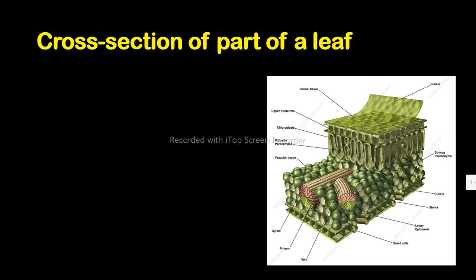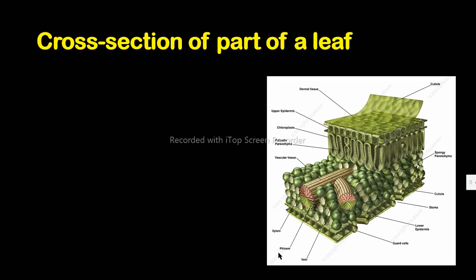So you need to know the basic internal structure of a leaf. And like I told you, I like 3D pictures. So basically this is a leaf. If I draw something like this, how is my art?